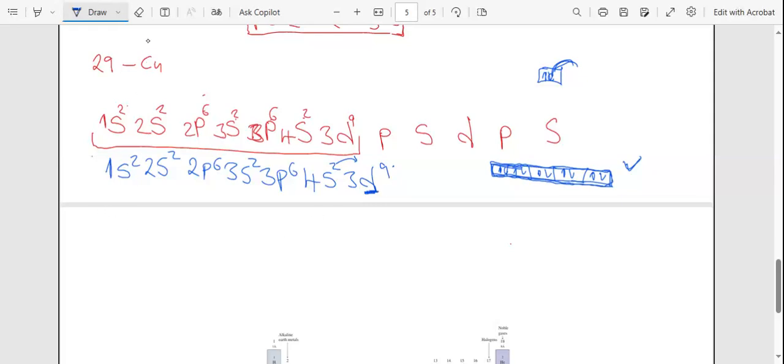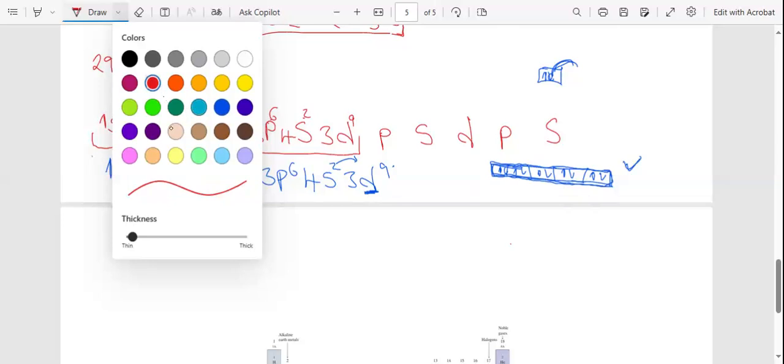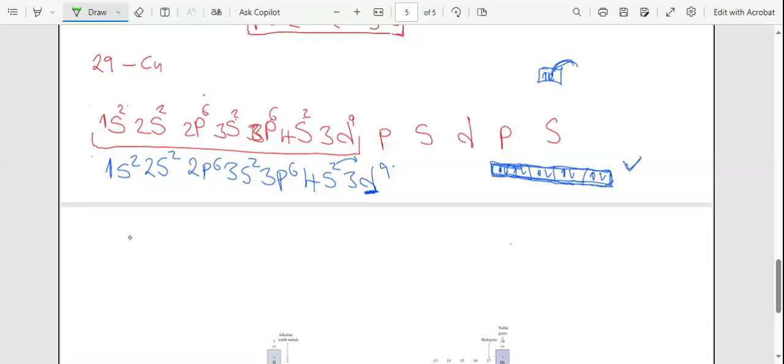So this type of configuration will be seen: 1s, 2s, 2p6, 3s2, 3p6, then 4s1, then 3d, which will be 10 now because we have brought the electron from this one.